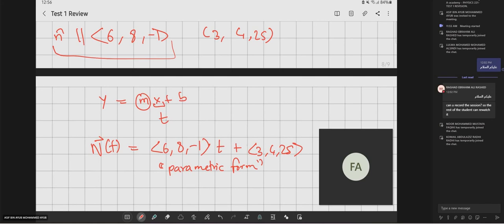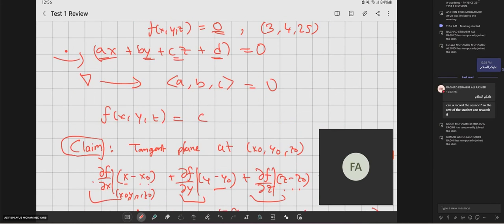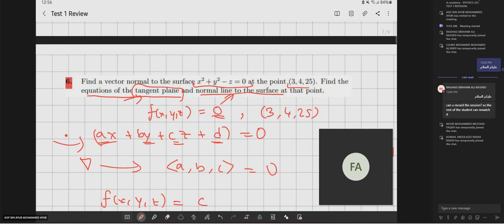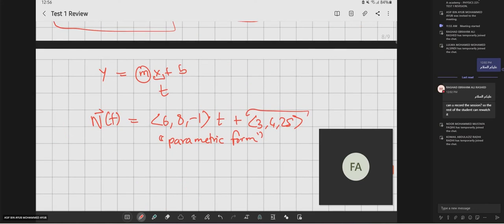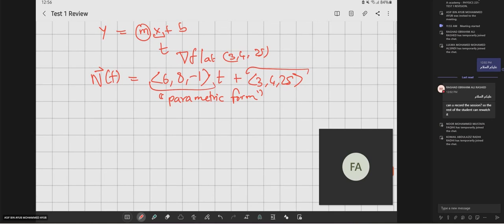So 3, 4, 25 comes from the point they gave you in the question. And this is simply the gradient of f at 3, 4, 25. This is, I think, quite simple. The simplest way to express the equation of a line.